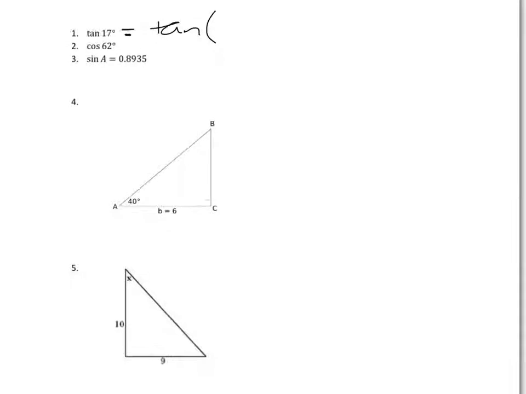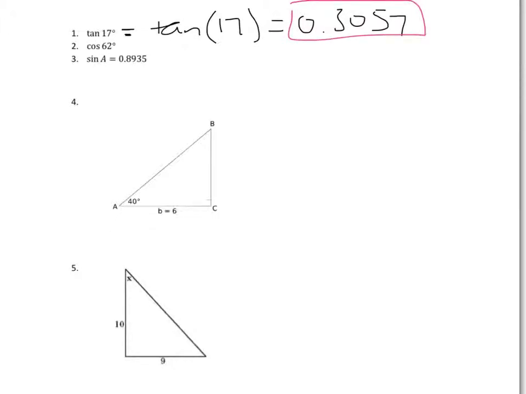That's where you type in 17. Close the parenthesis, hit enter, and you should get 0.3053, whatever. You usually do 4 decimal places when you do a trig function like this. That would be the total answer. You're done.